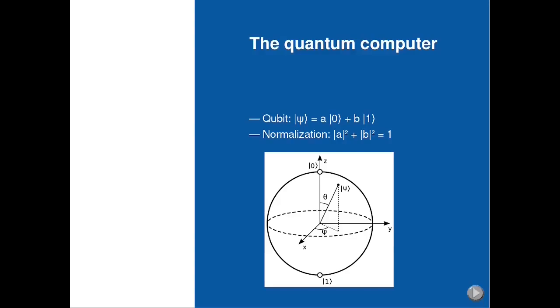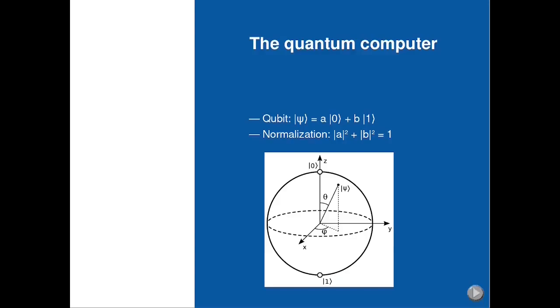A qubit is represented by a linear combination of 2 states. So before the measurement of a qubit, it can be in a superposition of these 2 states.